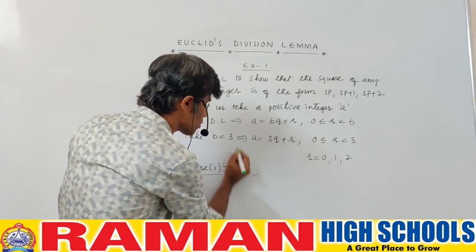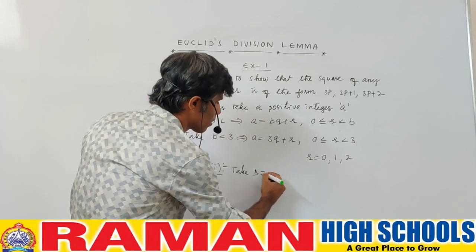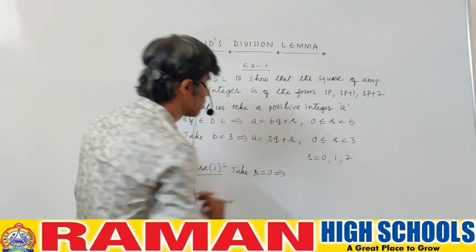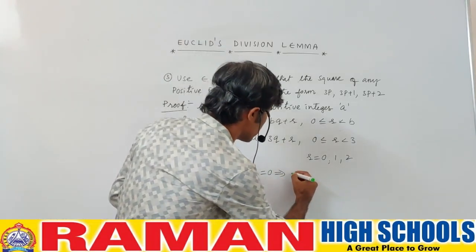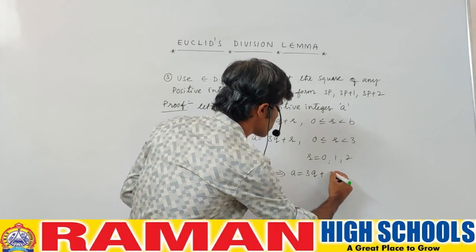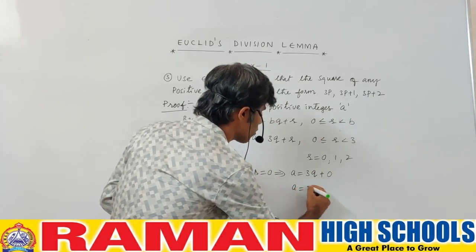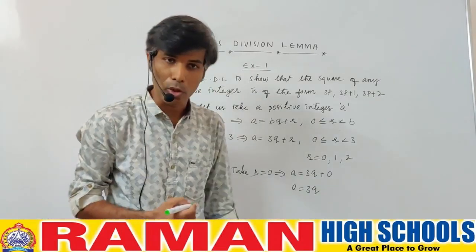We substitute r equals to 0 in this, then a equals to 3q plus 0. Therefore a equals to 3q.